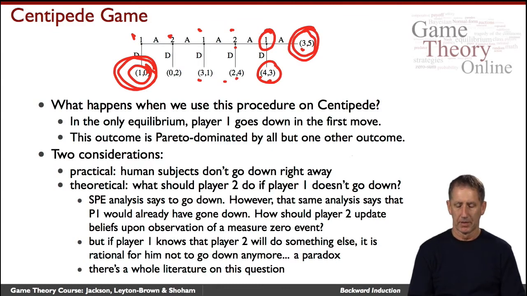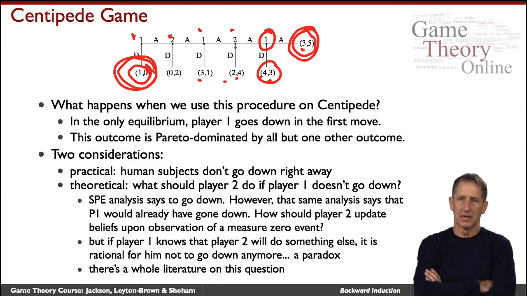So on the one hand, we have a clear account of what will happen in this game. But there are two problems. One of them is simply experimental and common sense, and the other is more theoretical. On the pragmatic level, common sense simply tells you this is not what's going to happen.